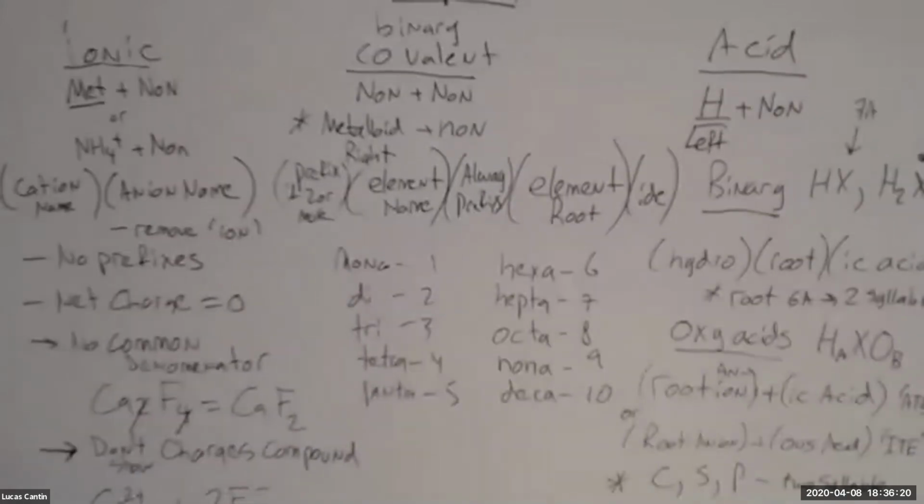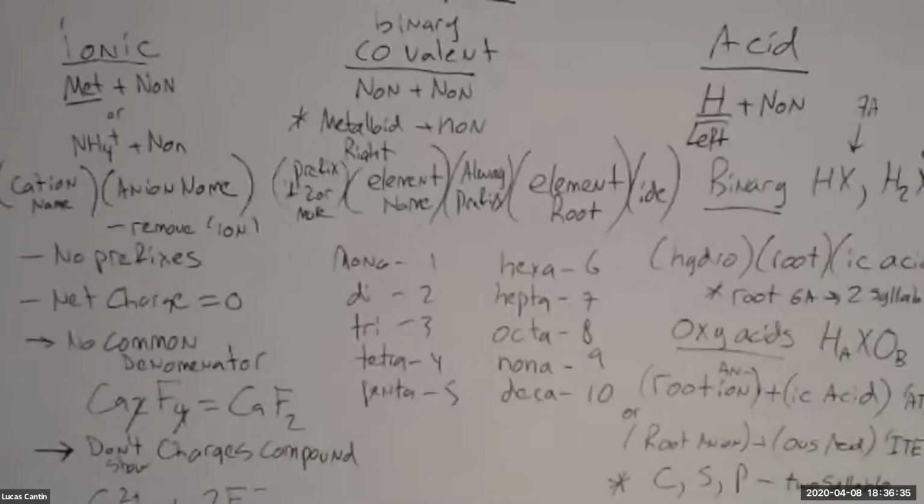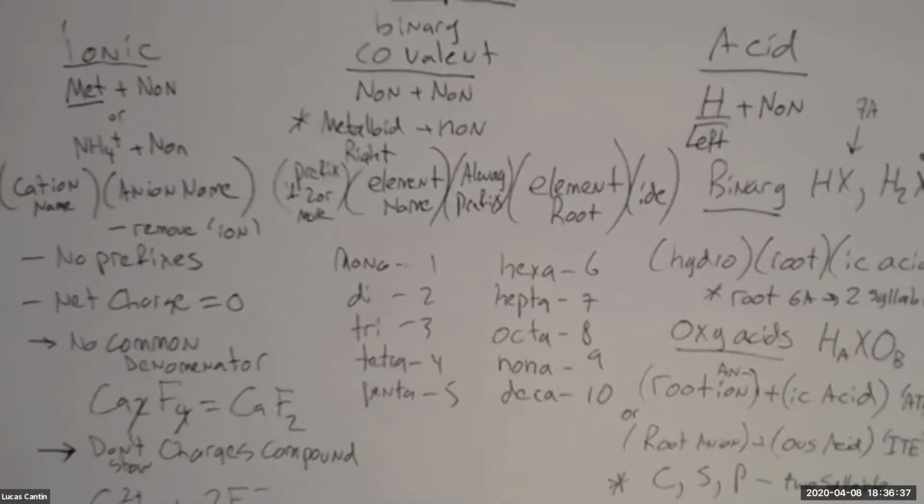So we could practice more acid problems, or we could look at some of the other ones, or we could talk about the difference between a base and an acid, because that came up on one of them. In terms of naming, what's the difference between a base and an acid?